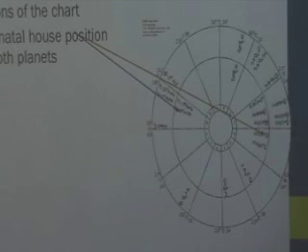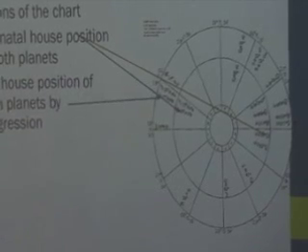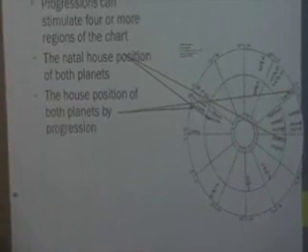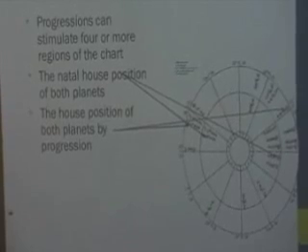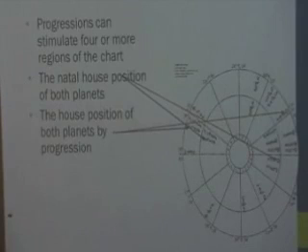Then we want to look and see where is the position of the planets by progression. We can see that Jupiter doesn't move very far. It takes Jupiter about 12 years to move a degree.